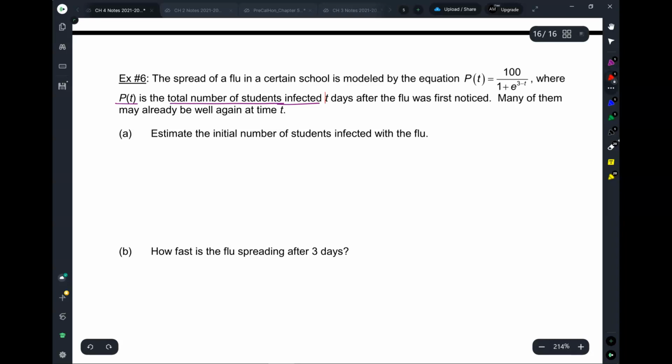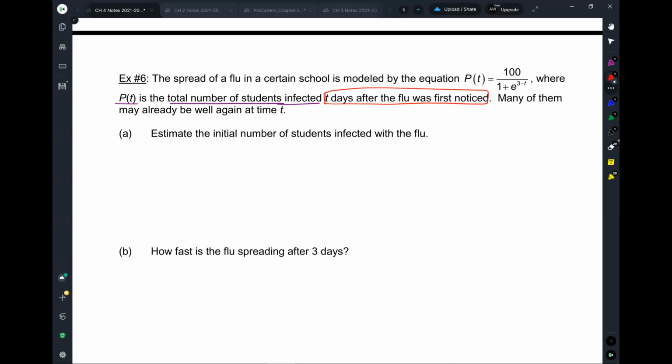T is days after the flu was first noticed. It's important for you to have a good accounting of what each and every single variable stands for, with its units and the time where it starts and everything.